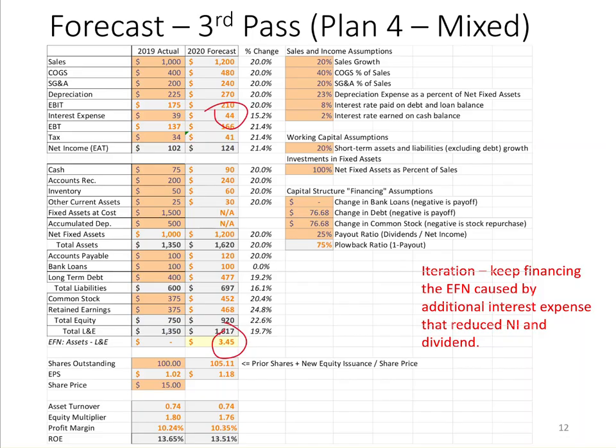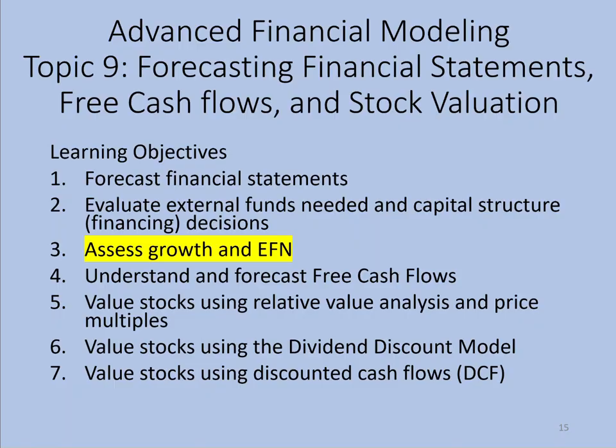It's a decision or set of decisions to make to decide the future of the organization, or how fast you're going to grow, what assets you're going to need, what returns you're going to give back to your shareholder, the number one metric being, say, ROE, return on equity. In the next topic, we'll talk about assessing growth and EFN a little bit more.